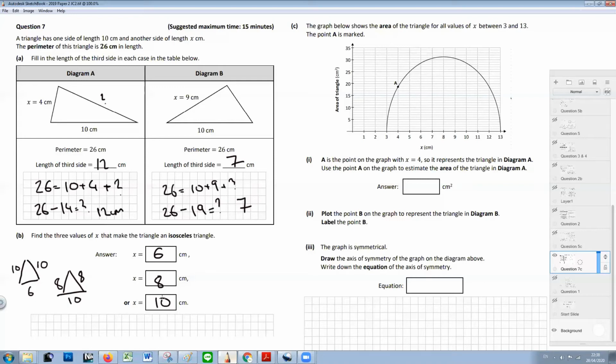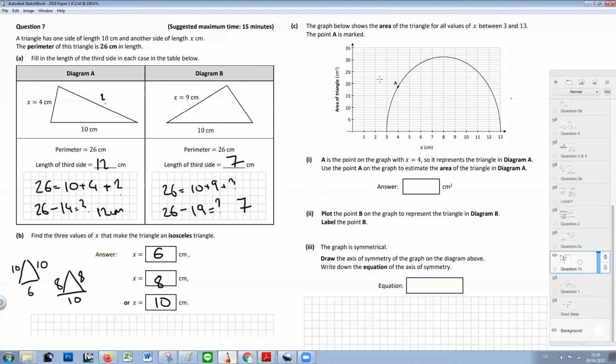The next one, the graph below shows the area of a triangle for all values of x between 3 and 13. So this is representing the area of a triangle, and it depends on how long your value of x is. So if you have a value of x equal to 3, your area is going to be pretty small. And obviously as you get bigger, at 4, it's going to be 19.